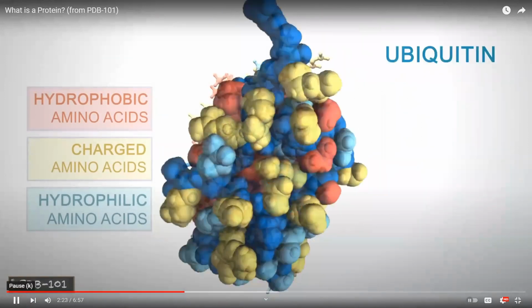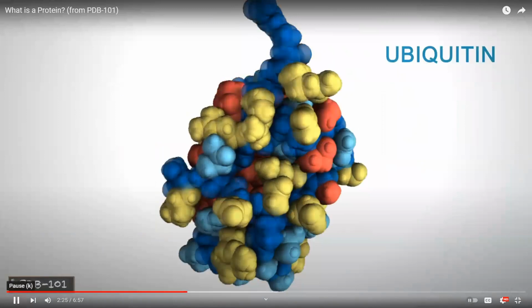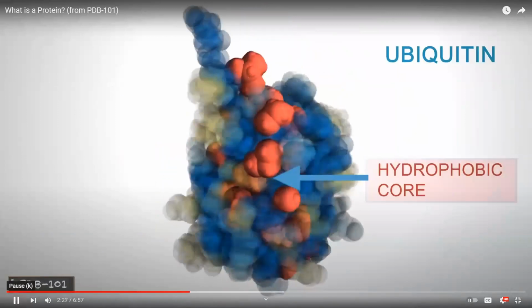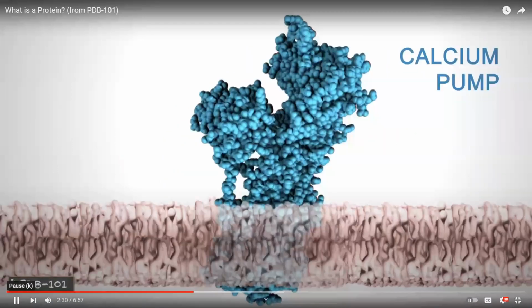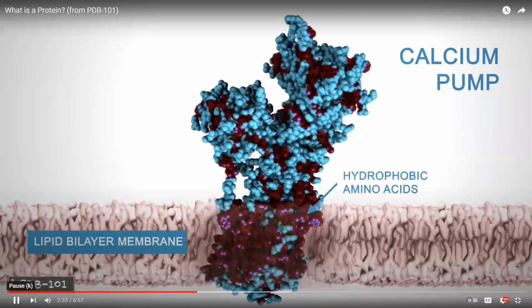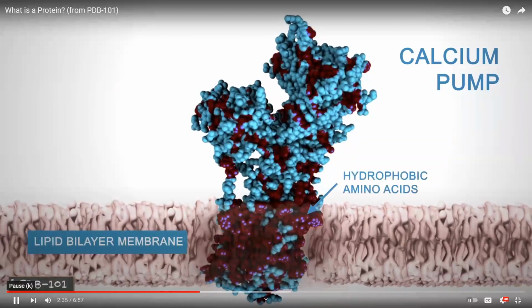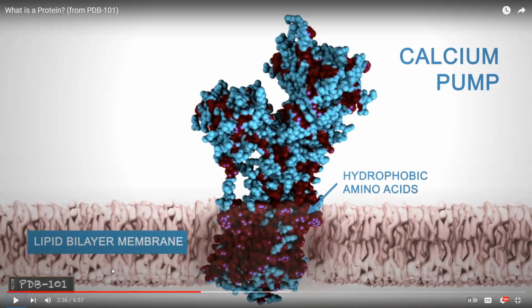Many proteins form globular shapes with hydrophobic side chains sheltered on the inside, away from surrounding water molecules. Membrane-bound proteins have hydrophobic amino acids clustered together on their exteriors. Right, so this is that lipid bilayer that we discussed with the polar phosphate head facing the outside of the two outer sides of the membrane.